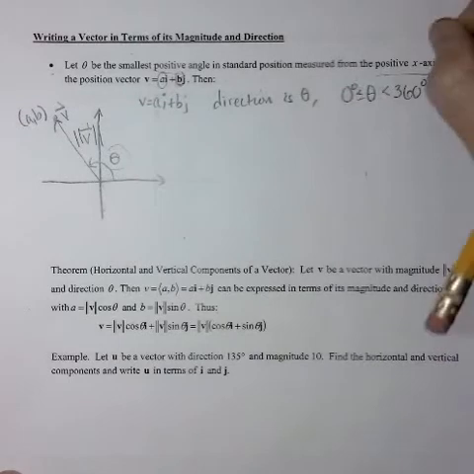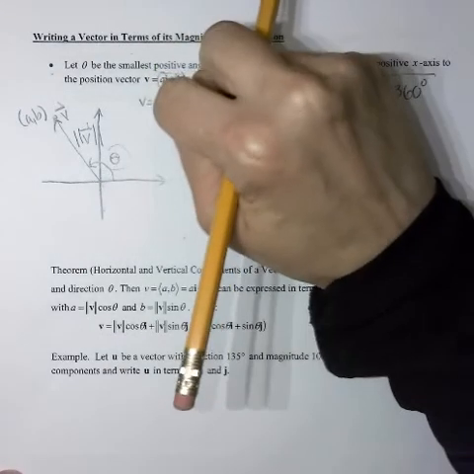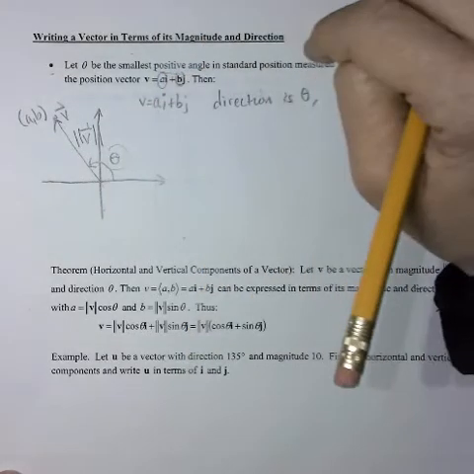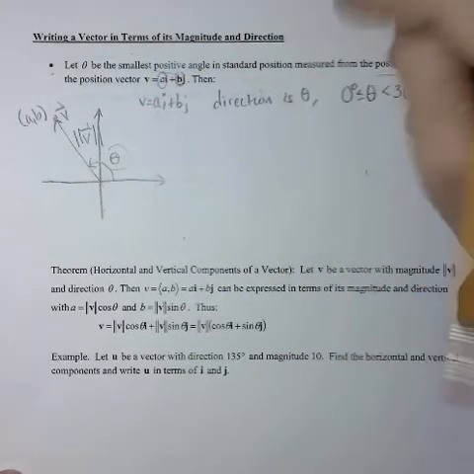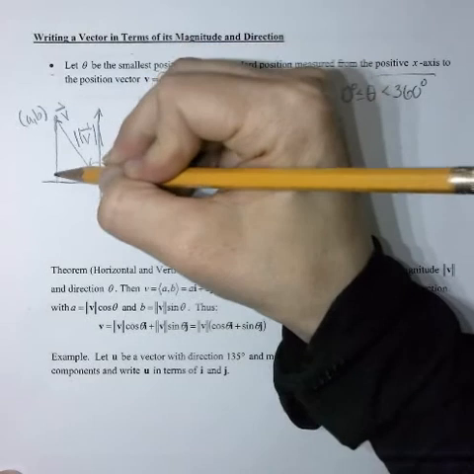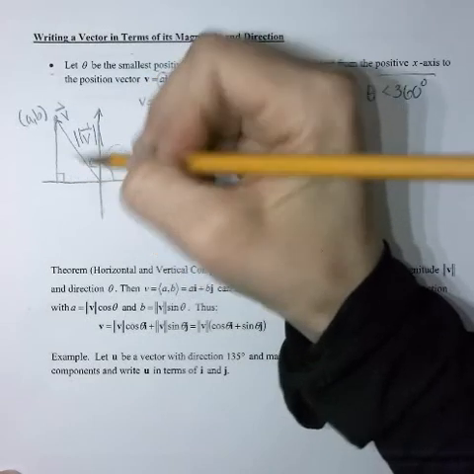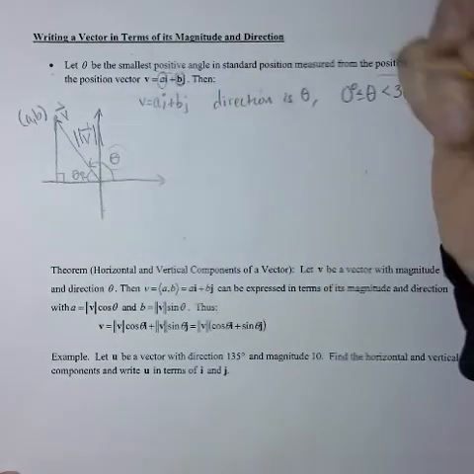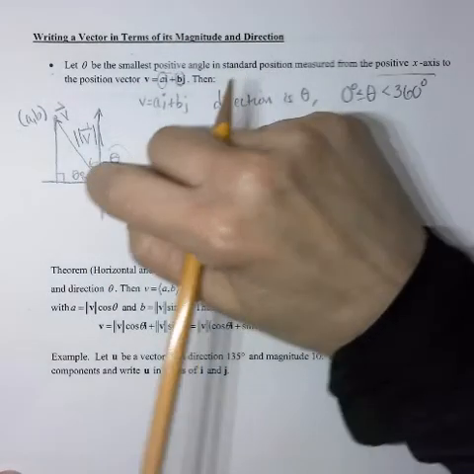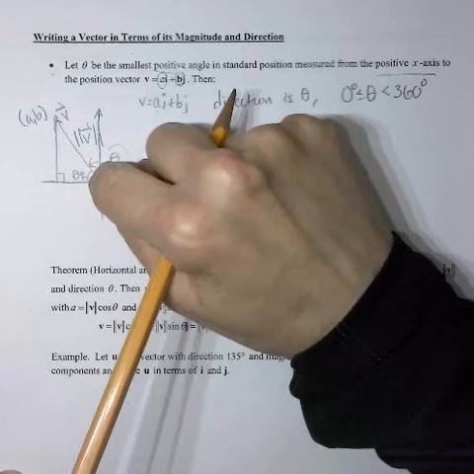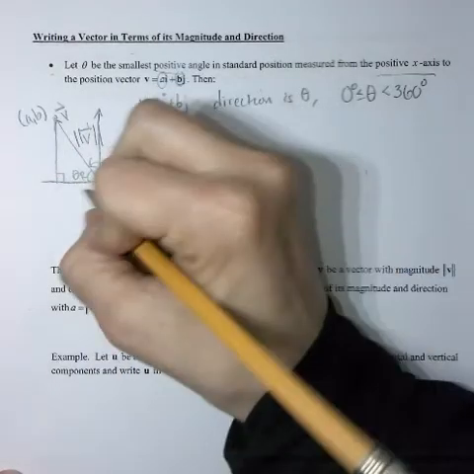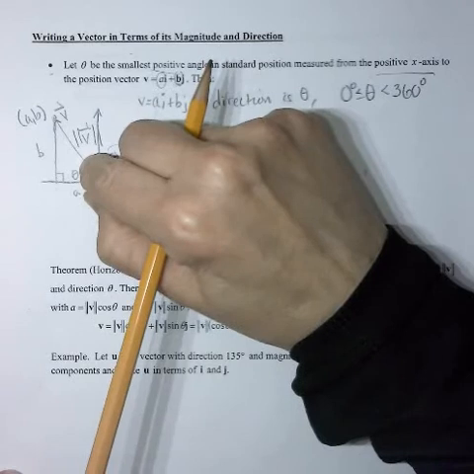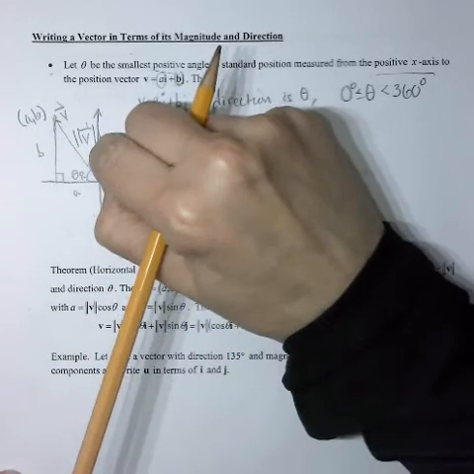So if we say we know these numbers, then we can use trigonometry here, draw a right triangle using the reference angle theta sub r. This would be the value of A, and this is the value of B. So the sine of theta is B over the absolute value of v.